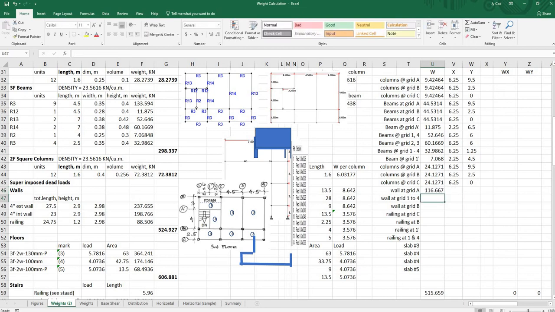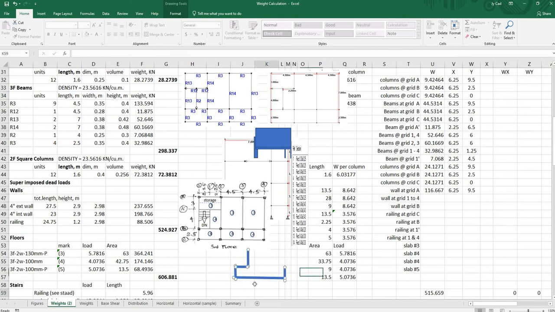So that is the wall at grid A. Then its centroid would be 6.25 and 9.5. And then let's mark that so we don't get confused. Okay, let's say, that's it. We have computed it.